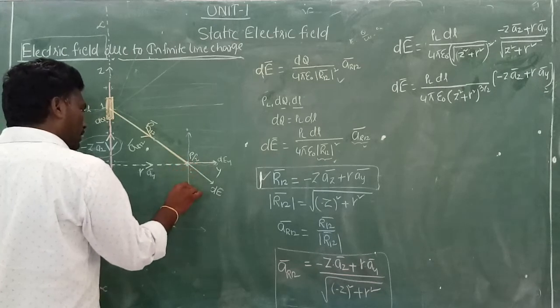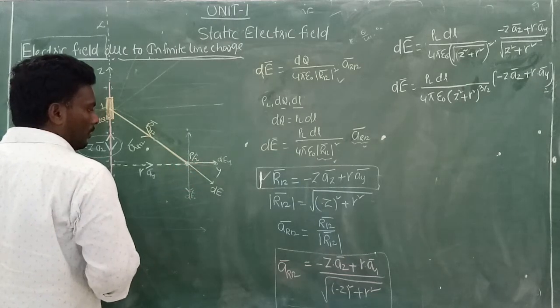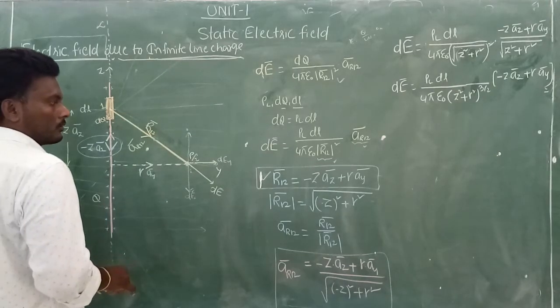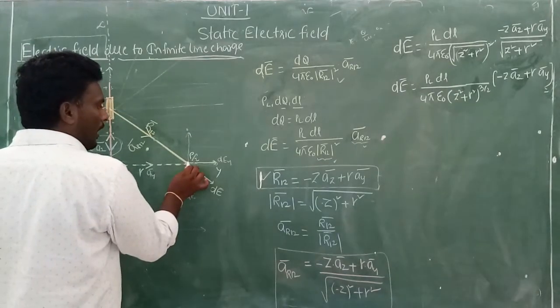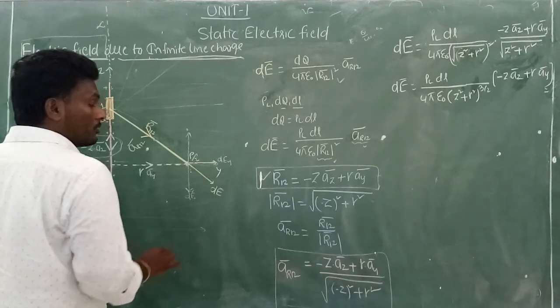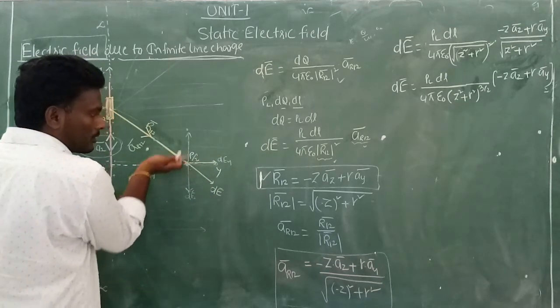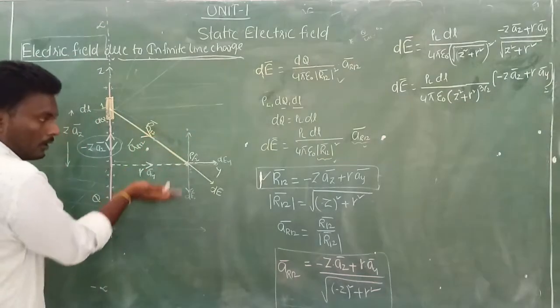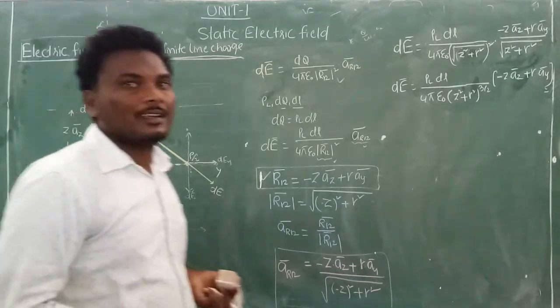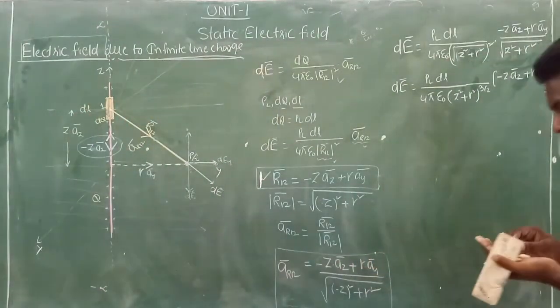Similarly, we have a component along the negative z axis. The components having equal magnitude along the positive z axis and the negative z axis, due to this, the z components will cancel each other. So that's why I'm cancelling my z component here.